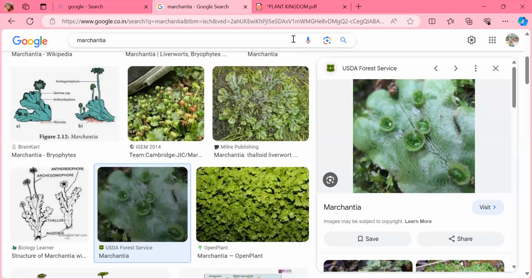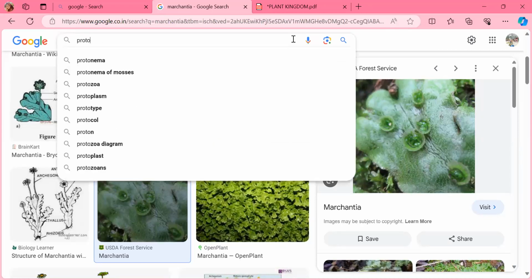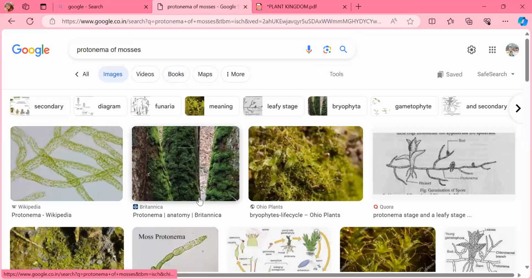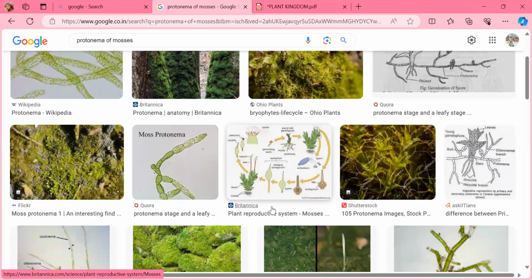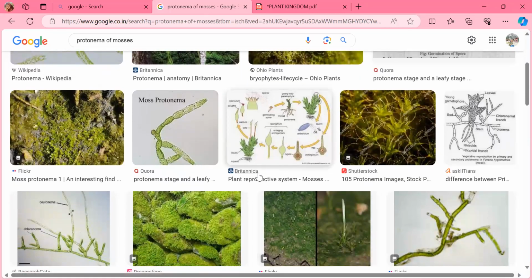Let us see if there is a picture of it. See, it is a creeping green colored stage. This is the primary stage, the protonema stage.